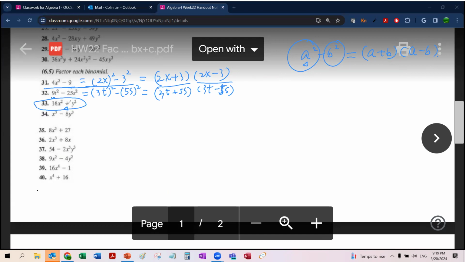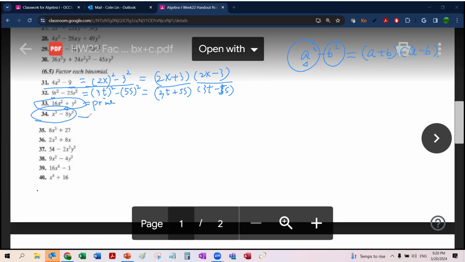This is plus here, so this one is prime. You cannot factor it. Only with the negative, a squared minus b squared, can be factored. So a squared plus b squared, right now we cannot factor. This is prime.